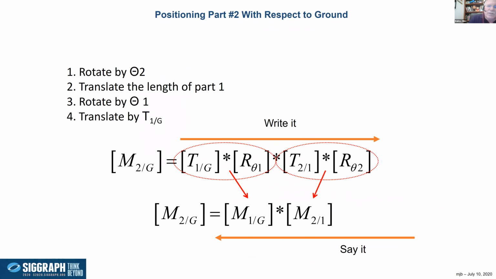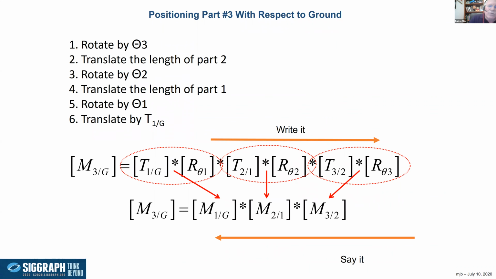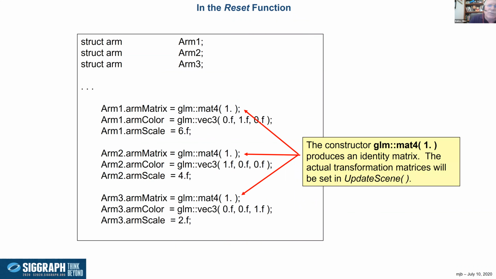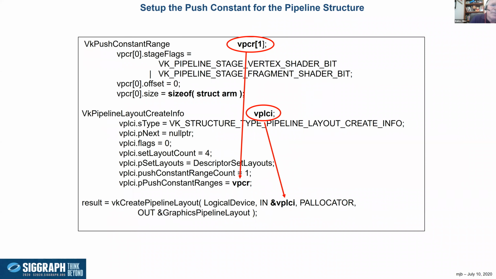All right, so there's the derivation of the hierarchical transform, which I'm not going to go into. Here is filling those 3 arm structures, and that was done in the update scene function. Here was creating the pipeline layout, and fortunately all 3 of those used the same struct, so I could use the same pipeline layout.